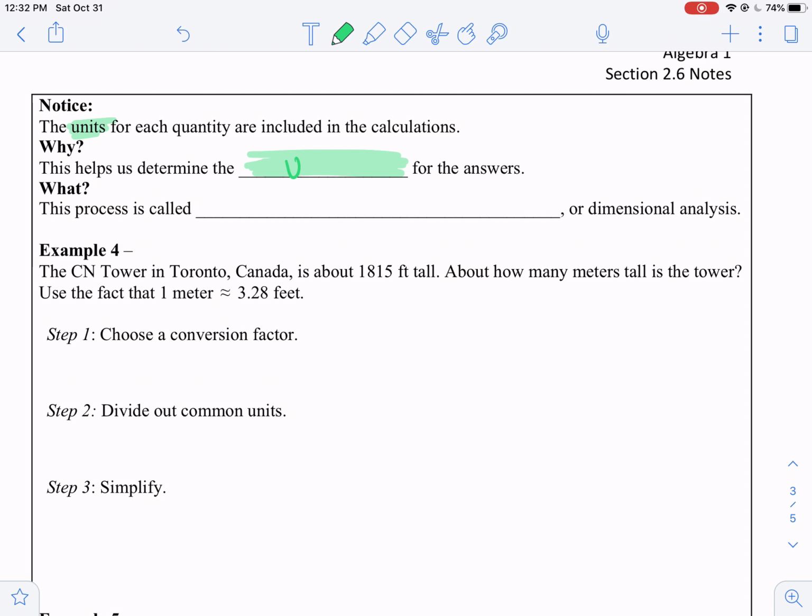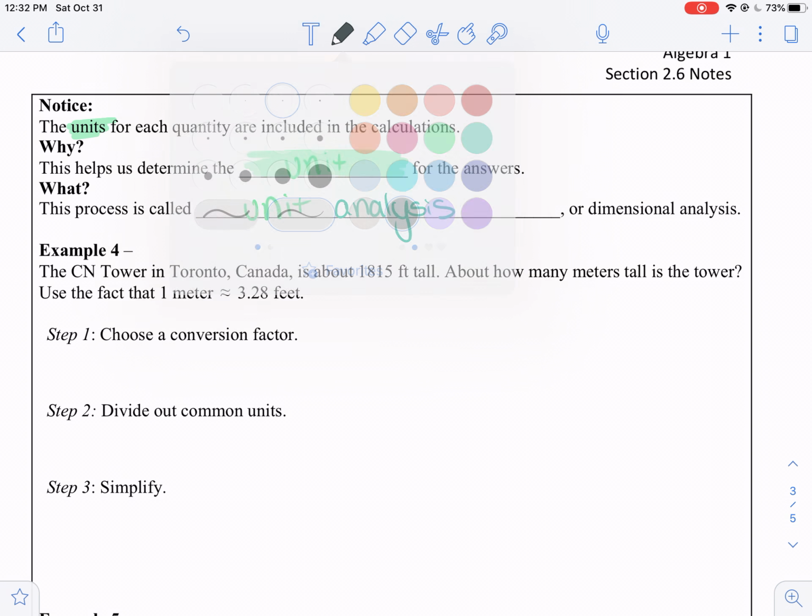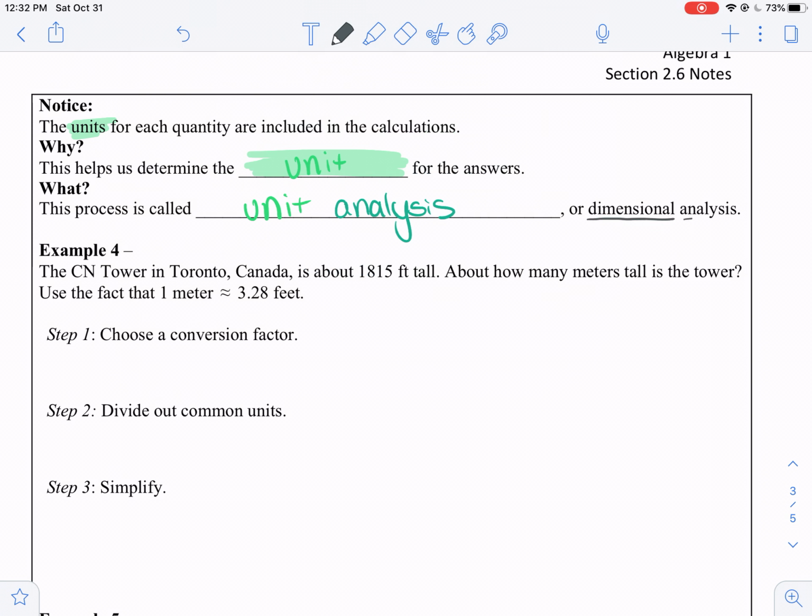And if we end up with a wrong unit, we must have done something wrong. So this process has a name, and then we're going to spell it correctly. It's called a unit analysis. It's also called dimensional analysis because you're looking at different dimensions. But we've been talking about units, and we call like feet and inches and miles, we call those units. So unit analysis, also known as a dimensional analysis.